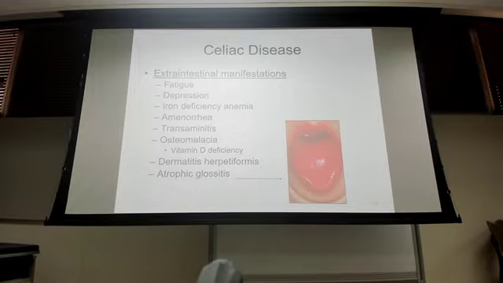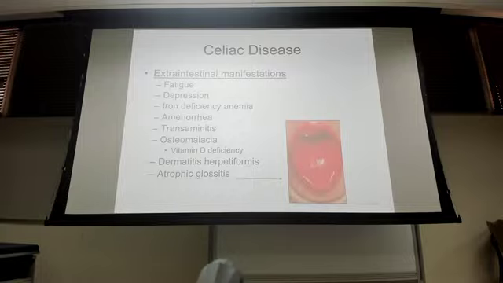It's also not just a GI disorder. Why? Because the GI tract absorbs all of these nutrients that we need for normal functioning and homeostasis. So it can produce a wide variety of extraintestinal manifestations. These are big, right?